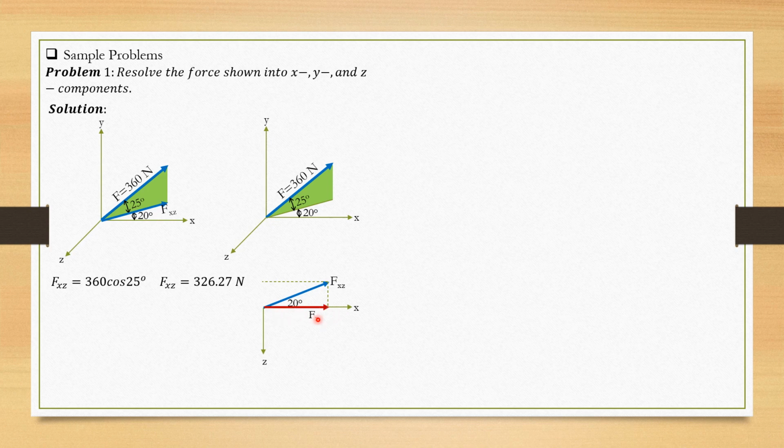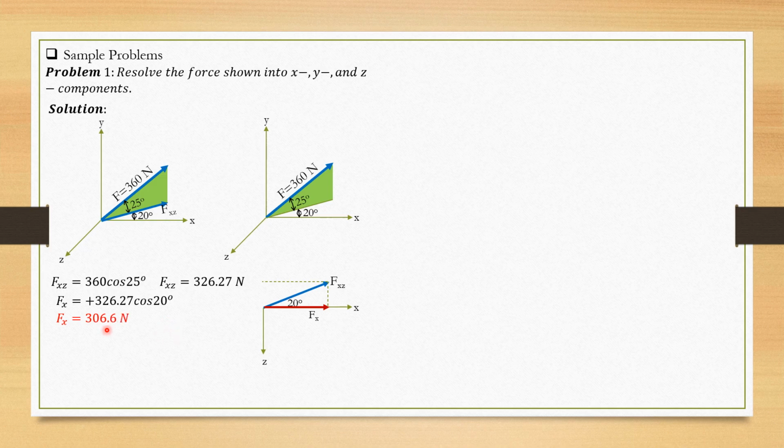So this is Fx here, and this is a right triangle again. So obviously Fx is equal to Fxz, the hypotenuse, which is 326.27 cosine of 20, and that is positive because it is directed towards the positive x-axis. So positive 326.27 Fxz cosine of 20 degrees. So Fx is equal to 306.6 newtons.